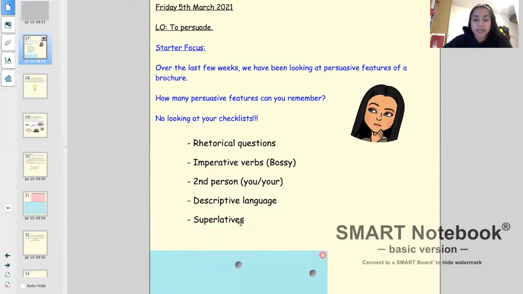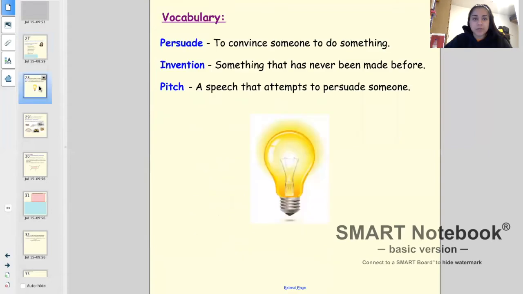And we've got superlatives. Now, some things that you might have written were maybe the subjunctive form, for example, and some more maybe.